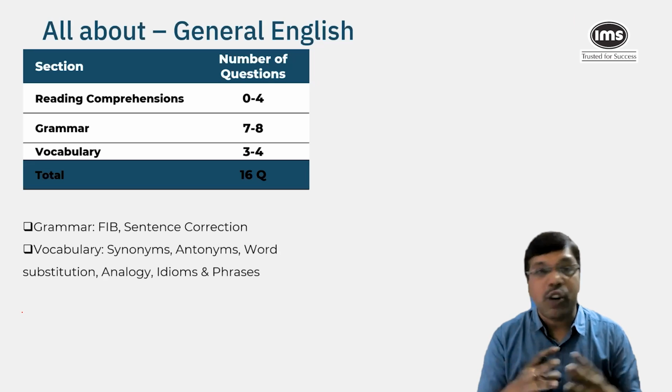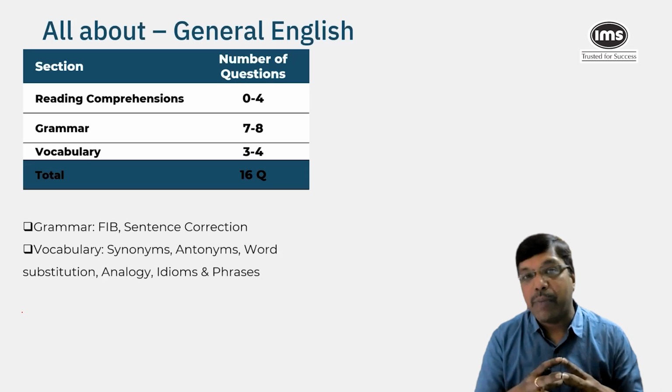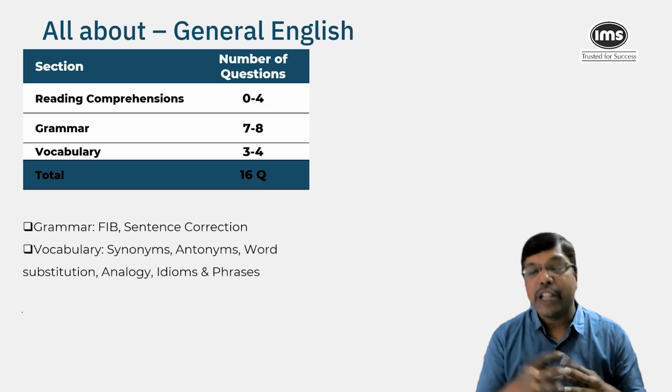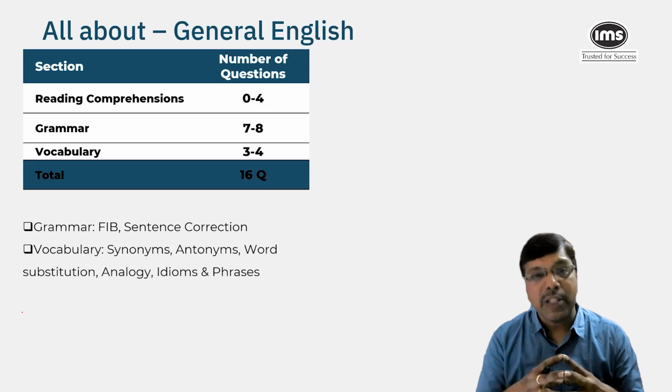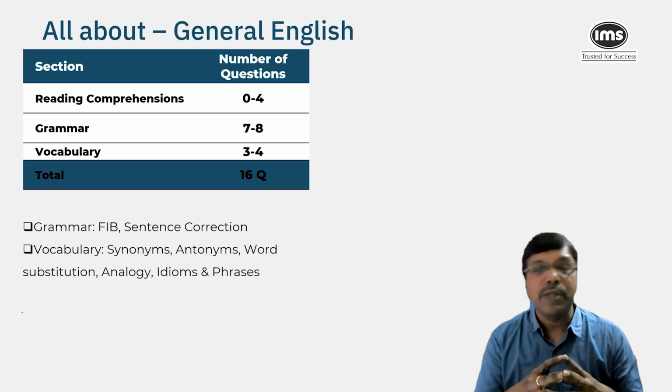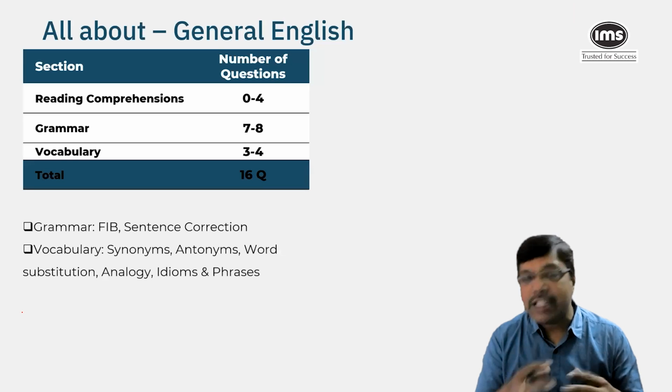So the entire set of 16 questions were of grammar and vocabulary itself. And in grammar, certain types of questions that we see frequently are fill in the blanks, sentence correction, and in vocabulary, synonyms, antonyms, word substitution, analogies, idioms, and phrases.